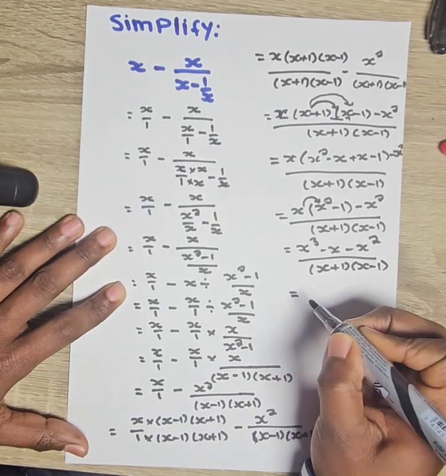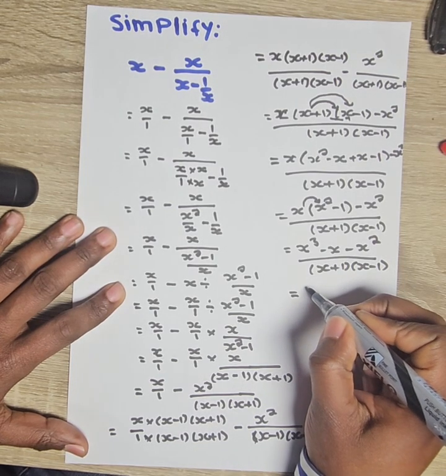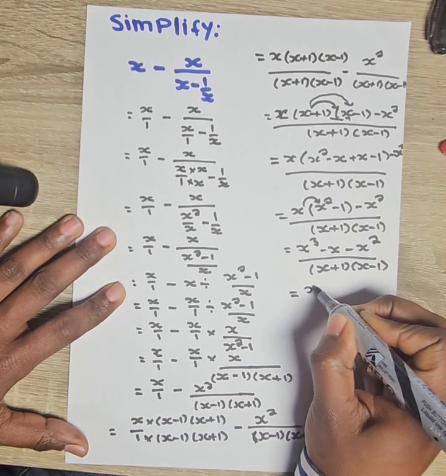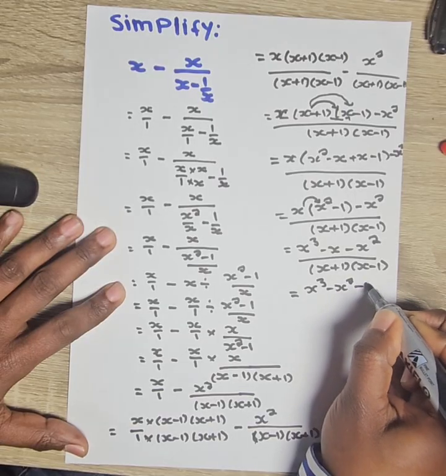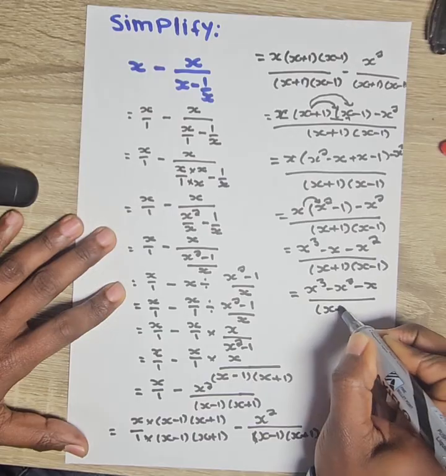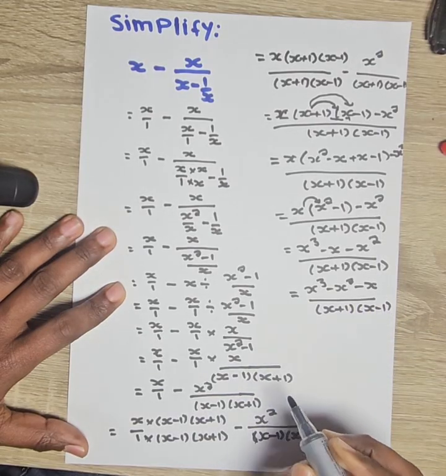This equals, on top I have x cubed minus x square. I will therefore write it in standard form, which is x cubed minus x square minus x over x plus 1 times x minus 1.